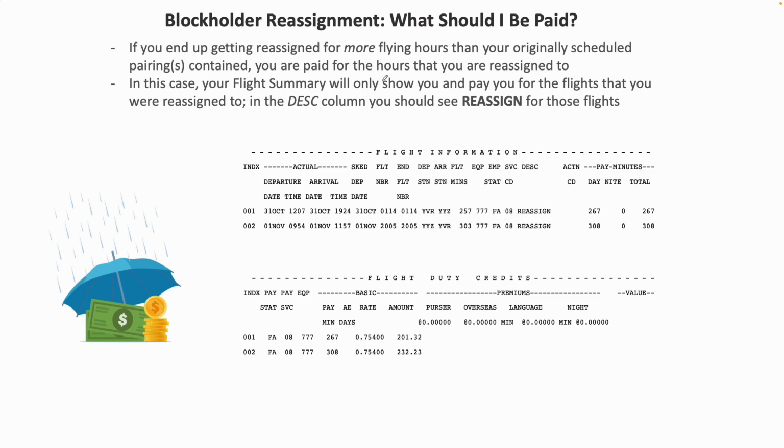Here we see an example in the flight summary of a reassignment where what I was reassigned to was in fact worth more than what I originally flew. So in this case, all I'm going to see is what I actually flew on reassignment.